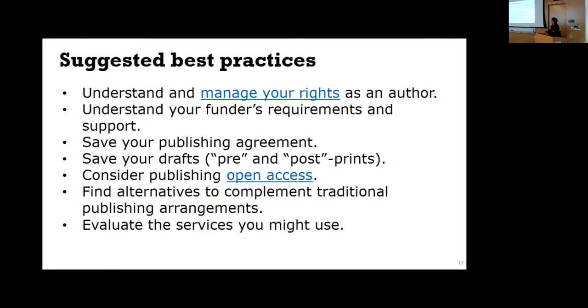I hope you'll be interested in publishing open access. If you are unable to publish in an open access journal, do consider self-archiving as an alternative to complement traditional publishing. And then think carefully about any of the services that you might use.